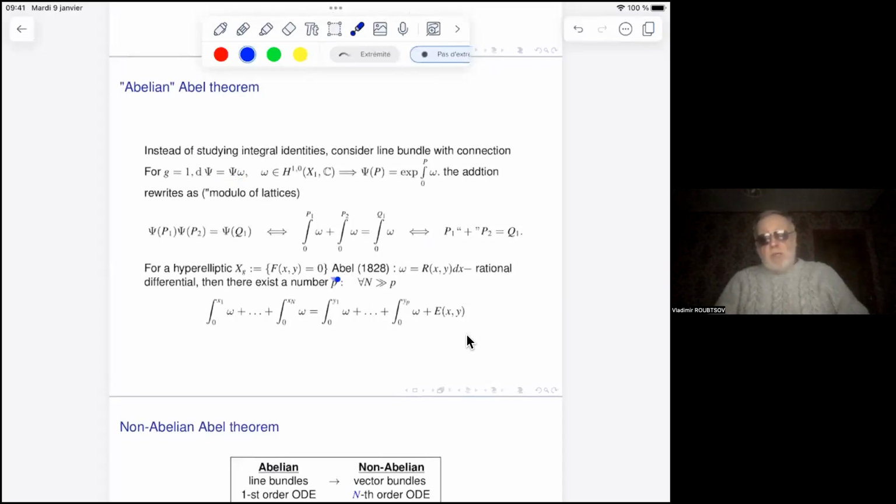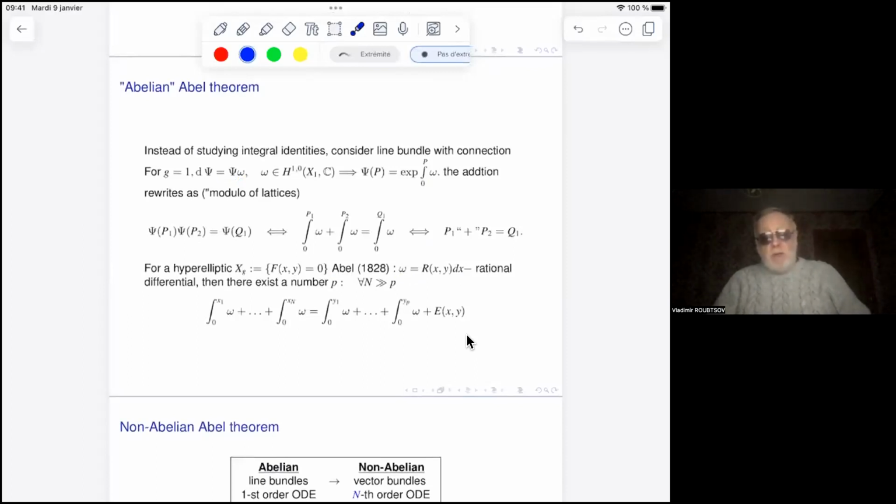Following Abel, it's a classical thing. We can consider the rational differential. I think that Andrei knows this subject much better than me. But anyway, we can integrate this rational differential between the origin 0 and a set of big N points.